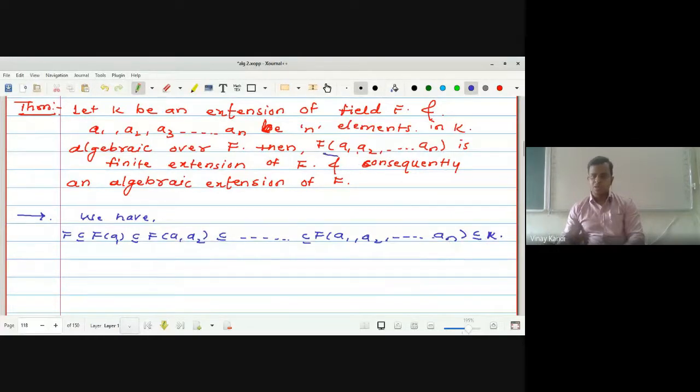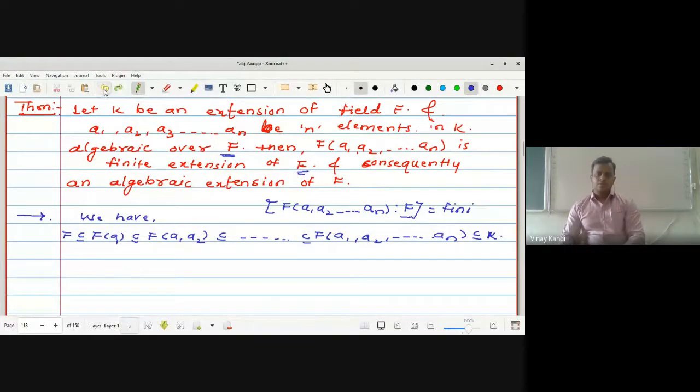That means the degree of F of A1, A2 up to so on An over F is finite.